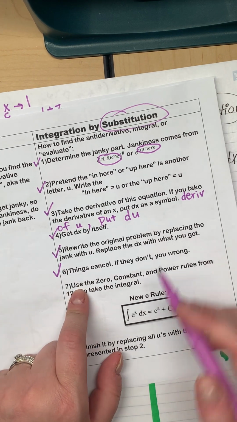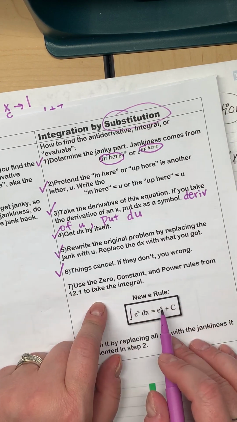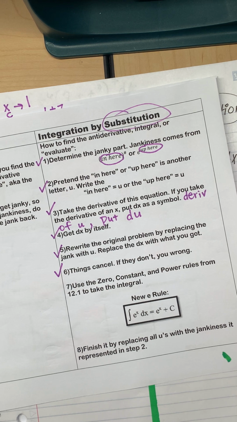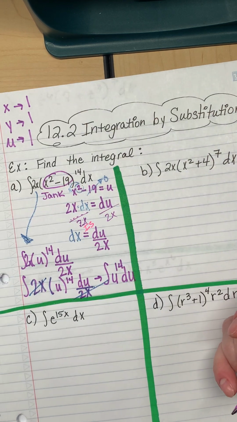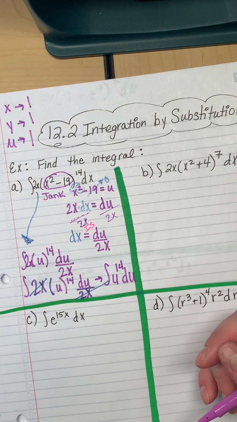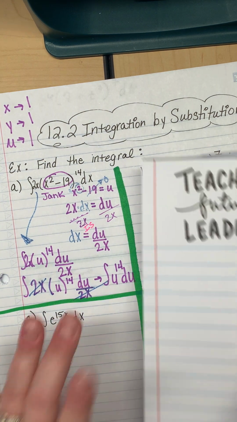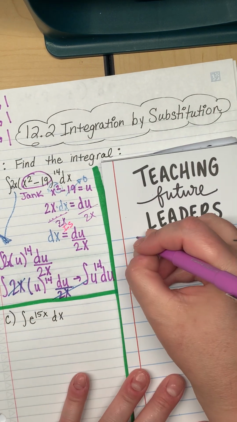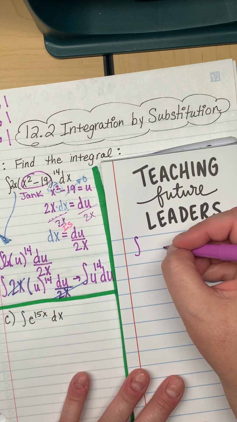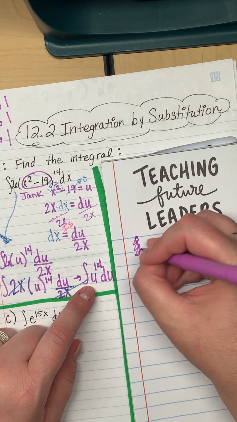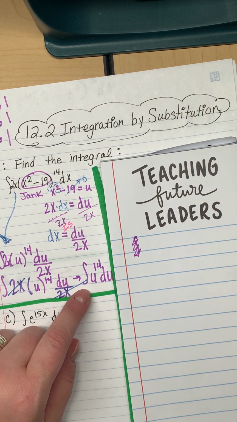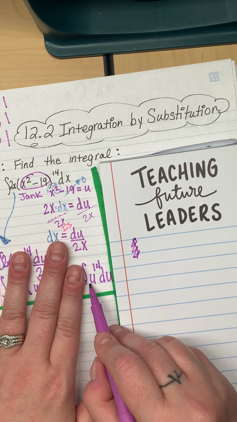Now step 7 says use the rules that we just learned. Okay, well, let's use the rules we just learned. We're going to take the integral of, let's see, when we take the integral, we say, is there a number in front? And there's not.